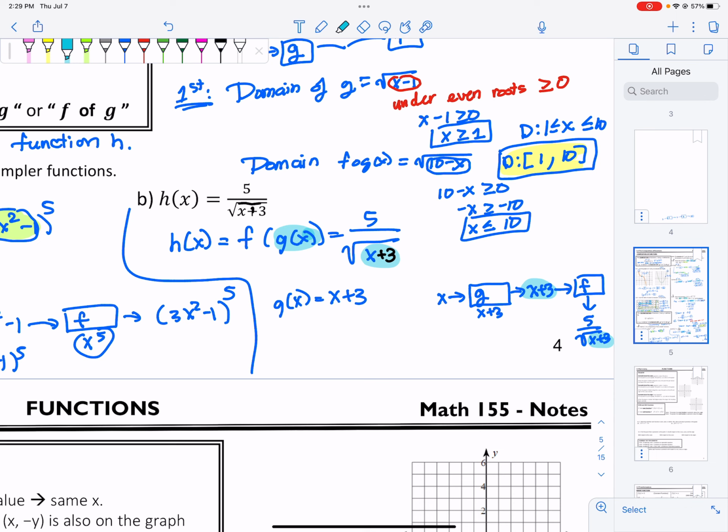So what should f be? So I'm looking at this diagram. I'm thinking that f of x should be 5 over the square root of the input x. Now we can check this one. f of g of x, since g we decided to be x plus 3, this is going to be f of x plus 3.